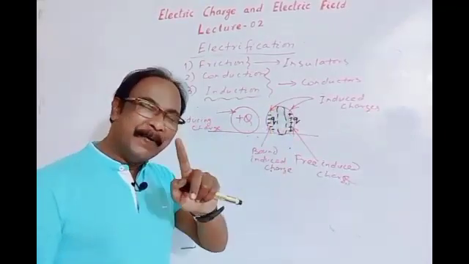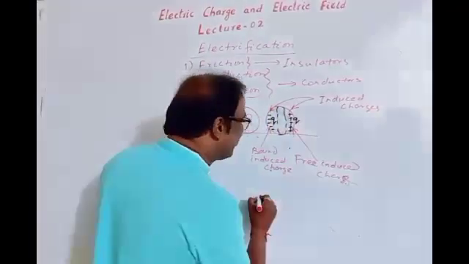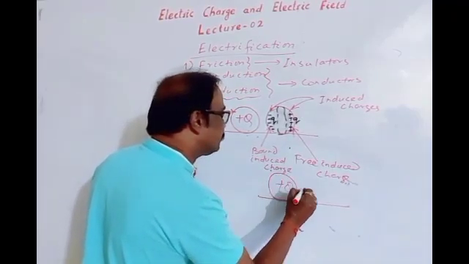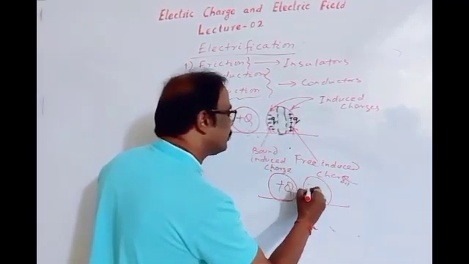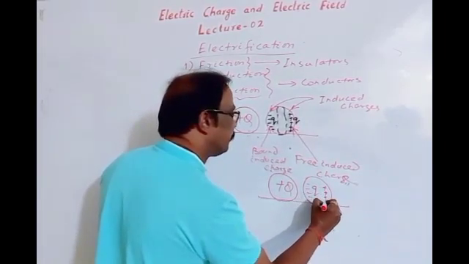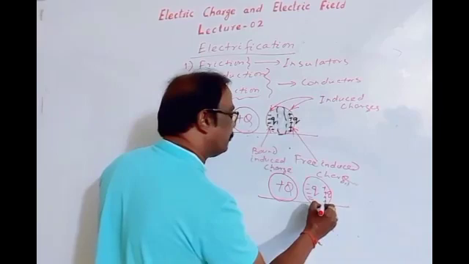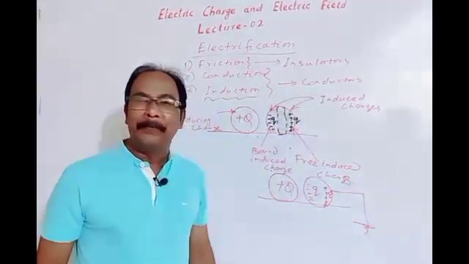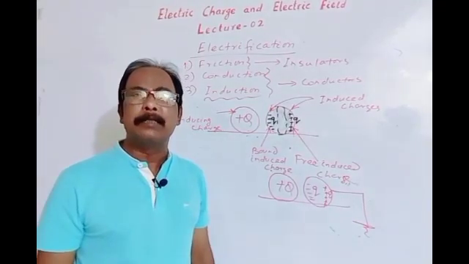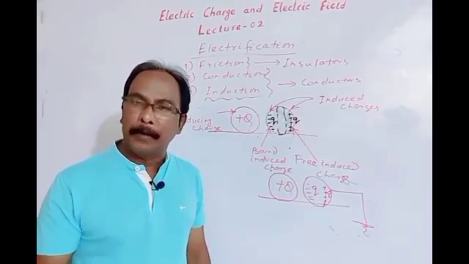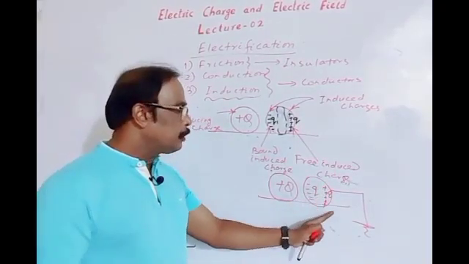How? If this body, I am representing in another diagram, this is plus q, this is minus q, this is plus q. If this body is earthed, as we know, earth is always considered to be maintained at zero potential or remain in a neutral state. This end is positive.